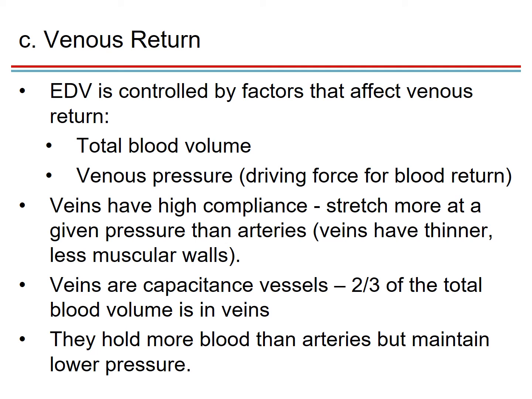So out of 5 liters, we're talking about 3.5 liters are going to be held within the veins. All right, and so they hold more blood than arteries, but also maintain a lower pressure. So mean venous pressure, for example, is only 2 millimeters of mercury, whereas the mean arterial pressure is about 90 to 100 millimeters of mercury.